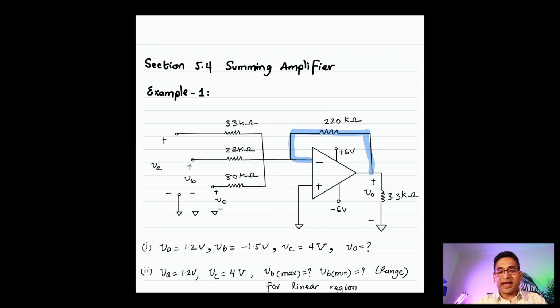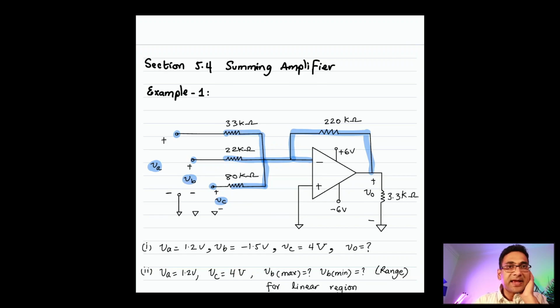Then we have three inputs, VA, VB and VC. All three of them are feeding into the negative terminal of the operational amplifier. That's exactly the problem that he analyzed for us.